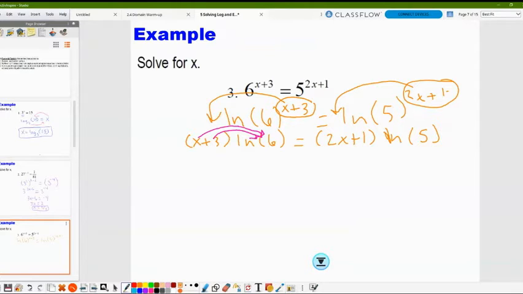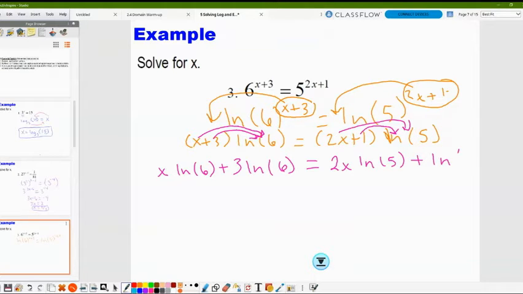So that's going to look like x natural log of 6 plus 3 natural log of 6 equals, same thing on this side, both parts have to distribute to the natural log, 2x natural log of 5 plus 1 natural log of 5. And of course, if our coefficient's 1, we don't have to write it.